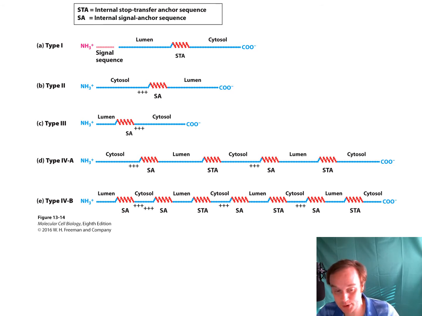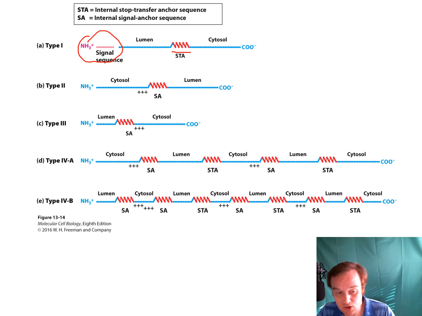So type 1 proteins, they have that N-terminal sequence. So this is that sequence that originally targets them to the membrane, and that gets cleaved off. And then they have a single internal stop transfer anchor. So that's that alpha helices that anchors it to the membrane.